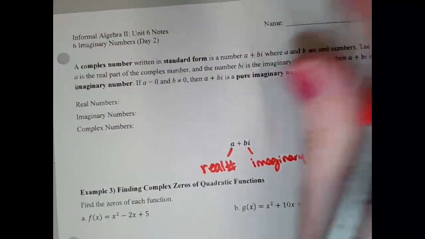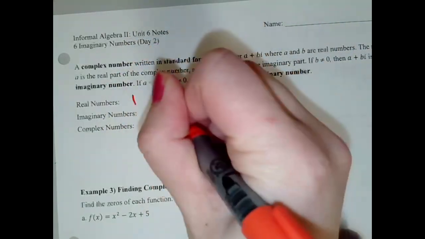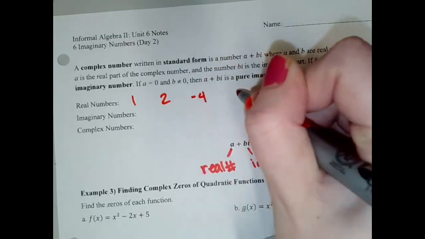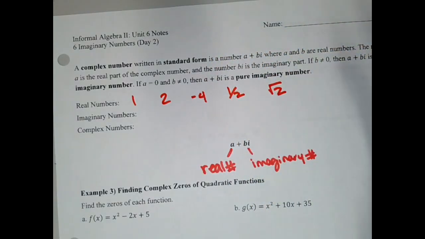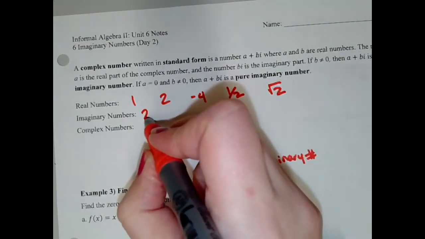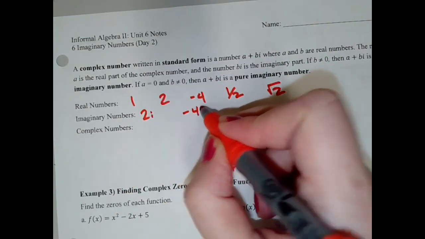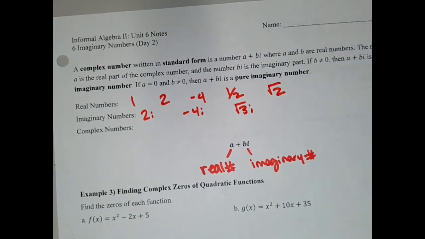So real numbers, so just a, could be something like 1, 2, -4, 1/2, square root of 2, anything that doesn't have an i in it, essentially. Pure imaginary numbers could be like 2i, -4i, square root of 3i, something like that.